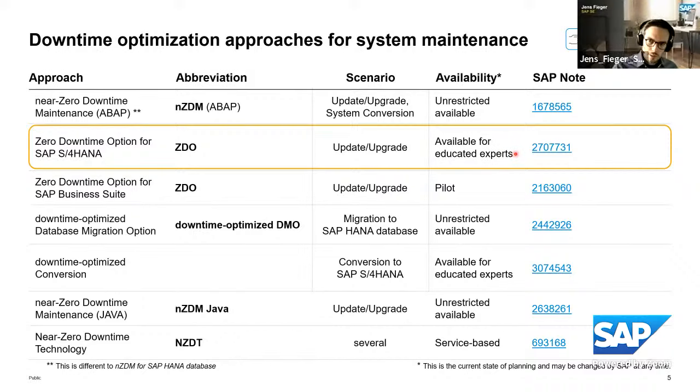That will be also clarified now. And all the information on what my minimum start release is to do an upgrade using ZDO, how I can get the training, etc. Everything can be found in this SAP Note, 2707731. That's an important one to get started with the topic.